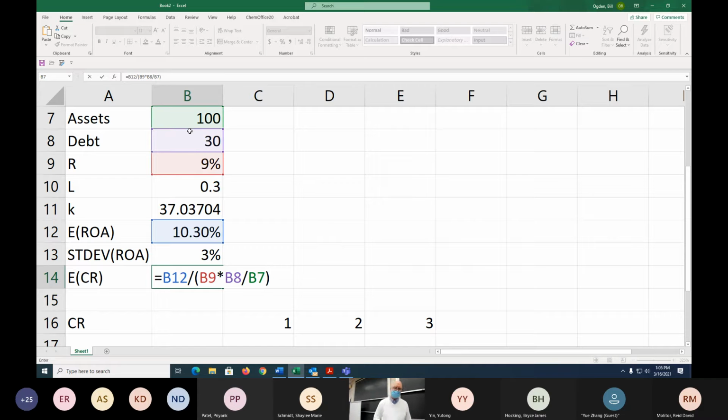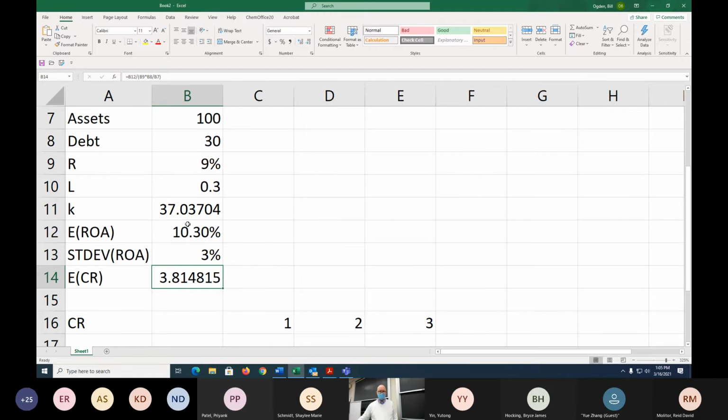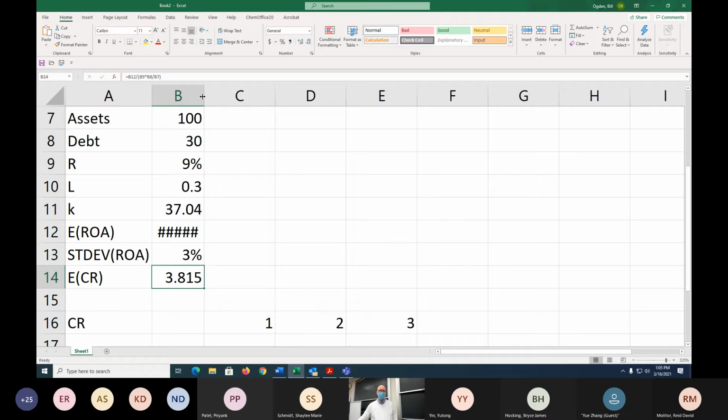Okay, so all this together right here, B8 divided by 100 is 2.7 divided by 100, which is 2.7%. So 10.3% divided by 2.7%, you get 3.814. Oops, that didn't work very well.